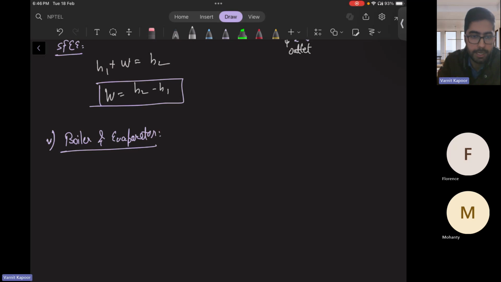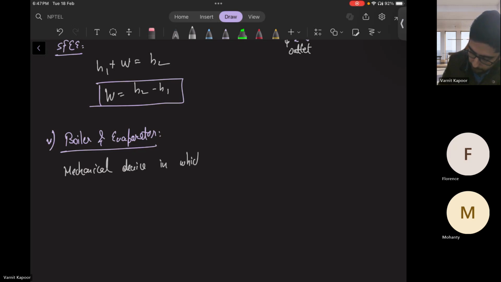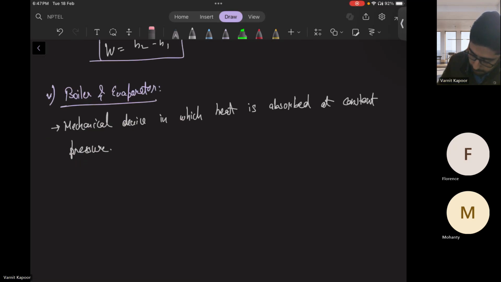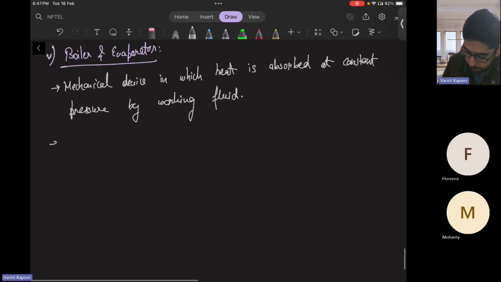The evaporator and boiler both are heat exchangers, which exchange the heat.